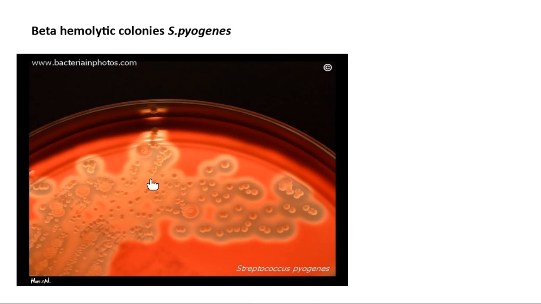So when you see the blood agar plate with this hemolysis, it is beta hemolysis by group A streptococci. Group A streptococci always give you beta hemolysis, and group B streptococci always give you alpha hemolysis. They are the opposite of each other.